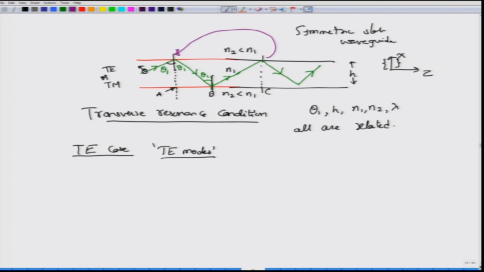So, this transverse resonant condition is the condition on the total phase shift along the x direction. This is conventionally taken to be the z direction, and this the x direction for the slab waveguide.